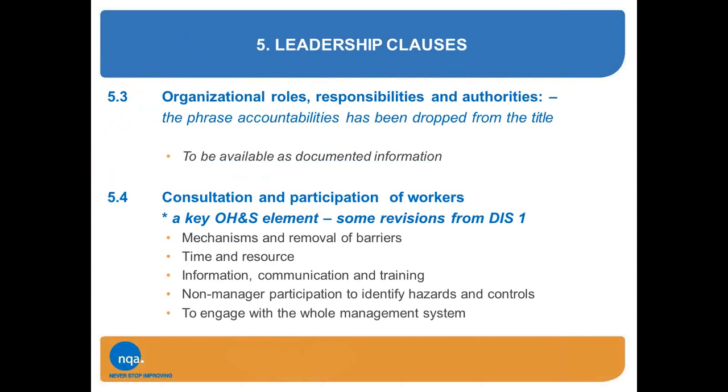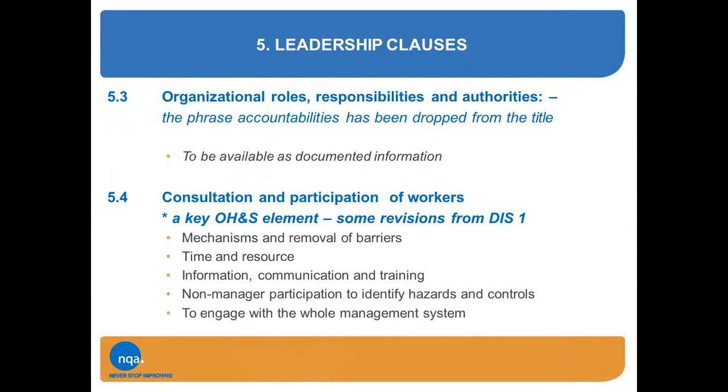There's been a change in the next clause, 5.3, organisational roles, responsibilities and authorities. The phrase accountabilities has been dropped from this draft standard. So they've dropped that phrase from the actual title of the clause, but it is mentioned as a sub-clause in there about accountability.